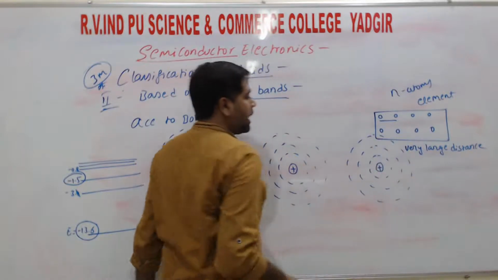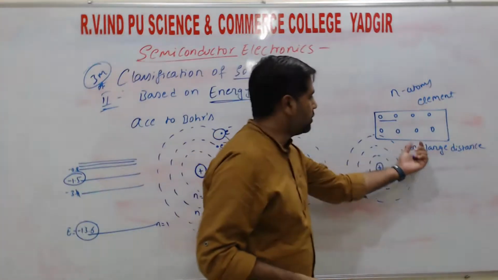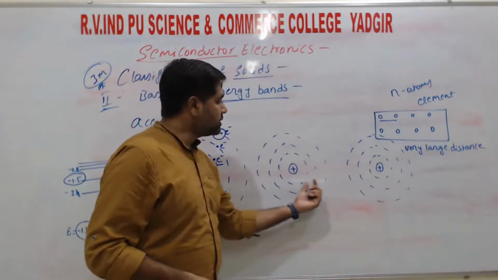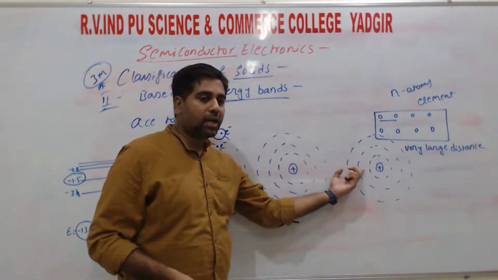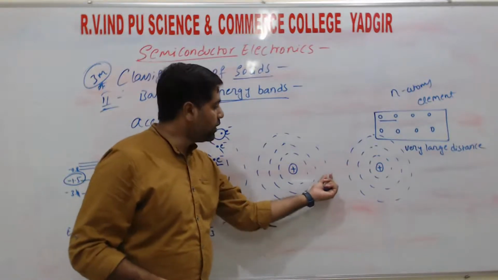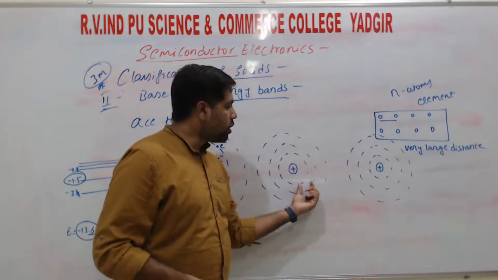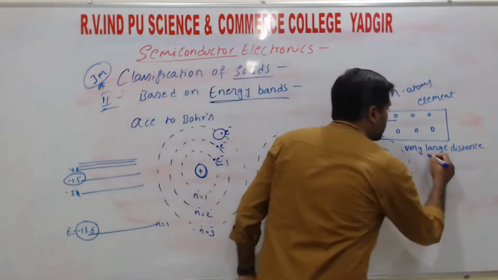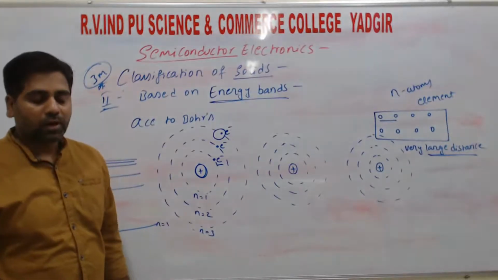If we place the atoms in an element keeping them at a very large distance, then these energy levels are not interacting with the neighboring atoms, right? So there will be no interaction of the energy levels of the first atom with that of the second atom when these atoms are placed at very large distances, right?